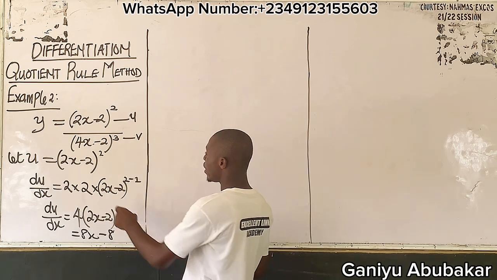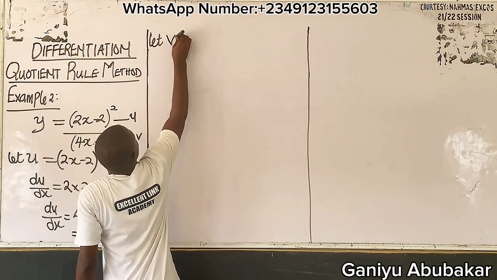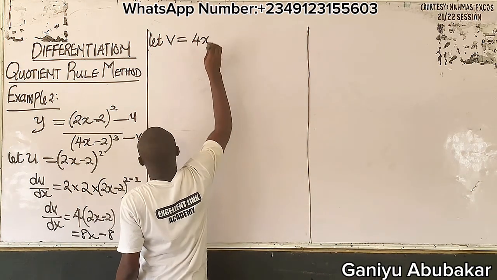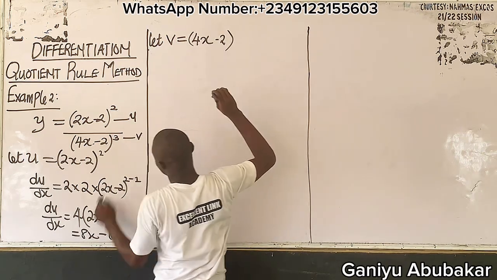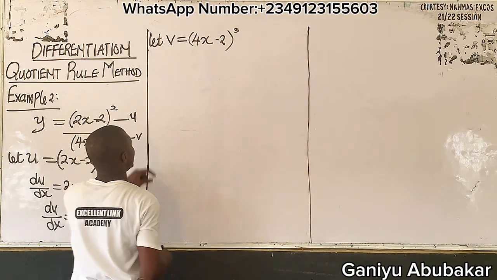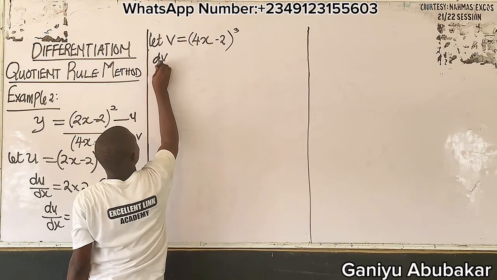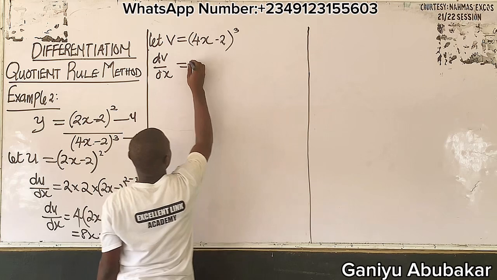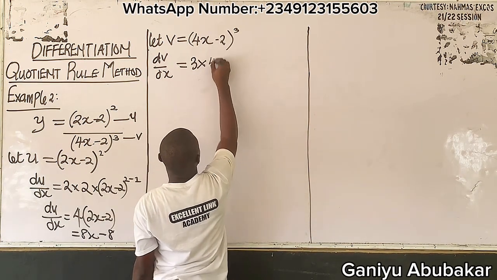Proceeding, let v be equal to (4x - 2)³. Apply your chain rule shortcut. I'm saying v and x, so I'll have dv/dx equal to: write out the power, differentiate the term in brackets, I'll have 4.